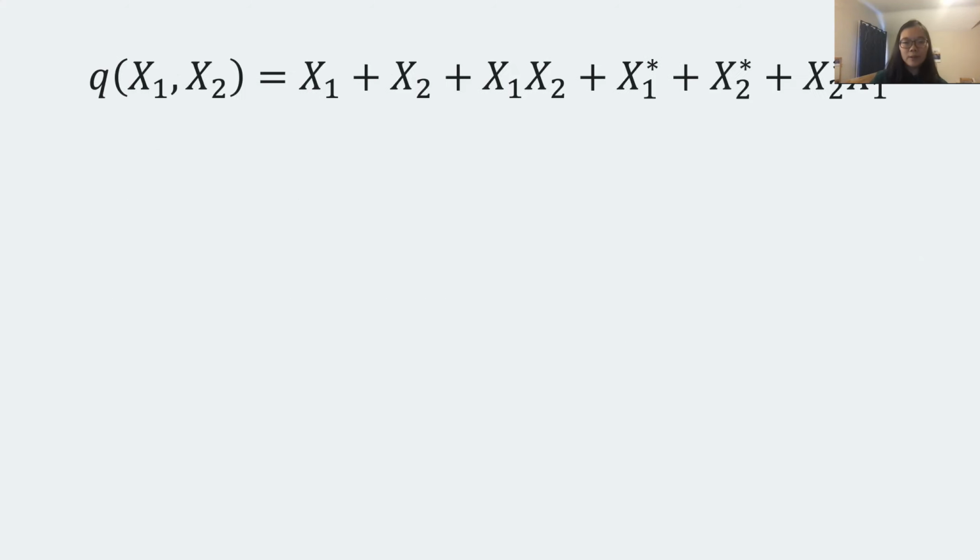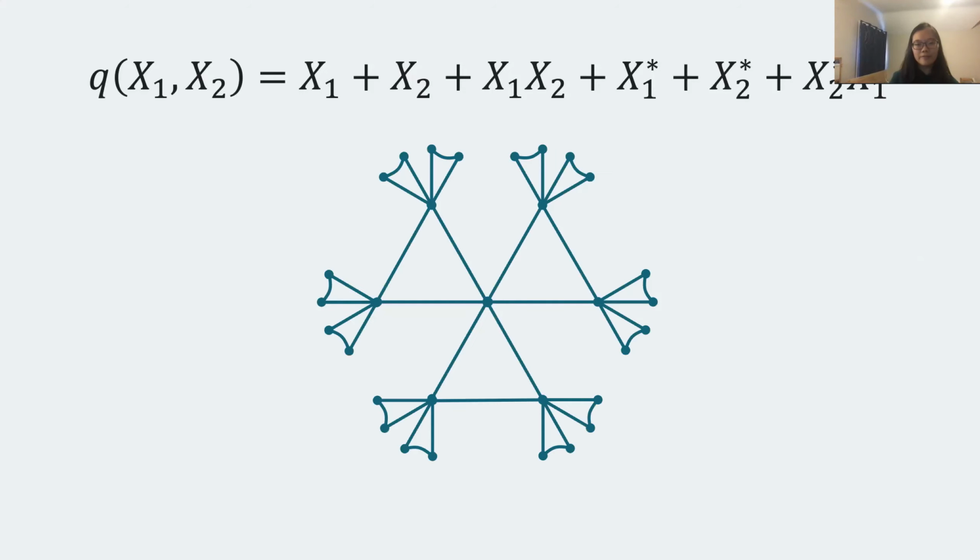So I have this polynomial again, and after I plug in the generators, I'm going to end up with this infinite graph. It's the infinite graph where every vertex participates in 3 triangles. Here I've colored the edges of the graph so that you can see which terms correspond to which edges. The way I would think about it is that I would look at x1 and x2, the blue edges and the purple edges.